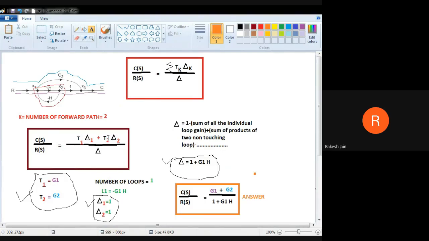T denotes the forward path gain; del 1, del 2, del 3 show which particular forward path is not touched by which loop; and del means 1 minus sum of all the individual loop gains plus sum of the products of two non-touching loops minus sum of the products of three non-touching loops, and so on.